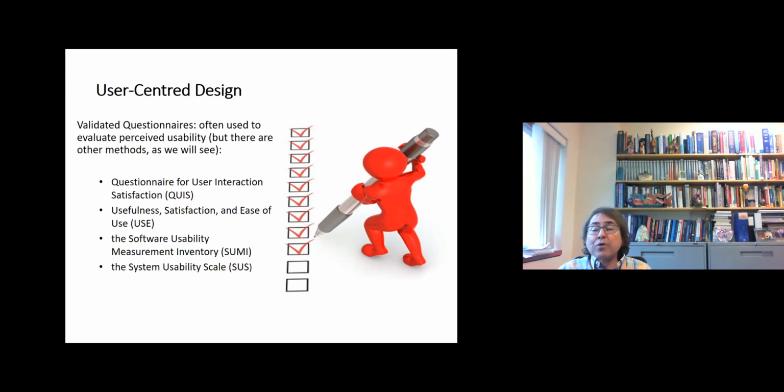There are a number of standard questionnaires, the QUIS, the SUS is System Usability Scale, there's USE, and the SUMI is often used. What we'll find is these questionnaires often are not specific to healthcare IT, but the general usability questions that are given, but they are validated.